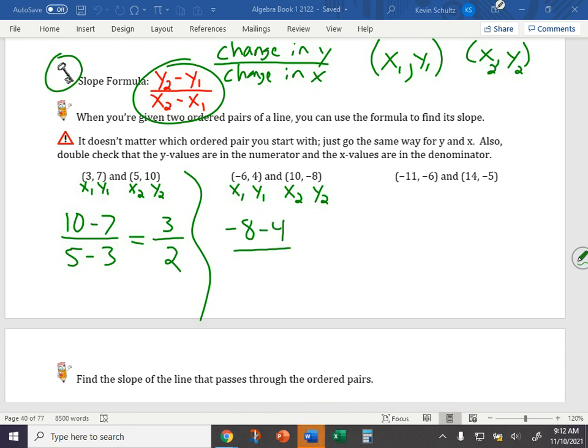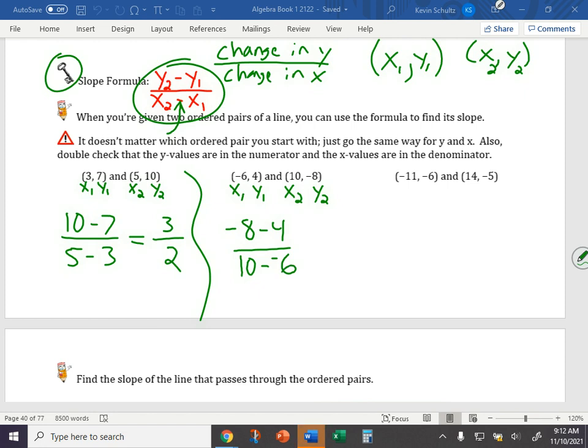Since that y2 value is negative, you have to include it in the formula, -8 minus 4. And here's where things can get a little bit tricky. In this x subtraction here, my x2 value is 10. There's a subtraction sign in the formula, so I have to have that. And then my x1 value is negative, so I have to include that as well.